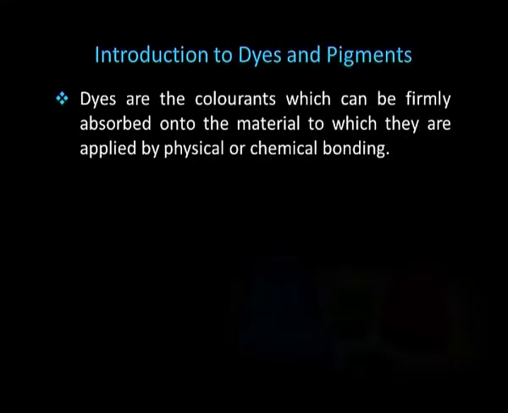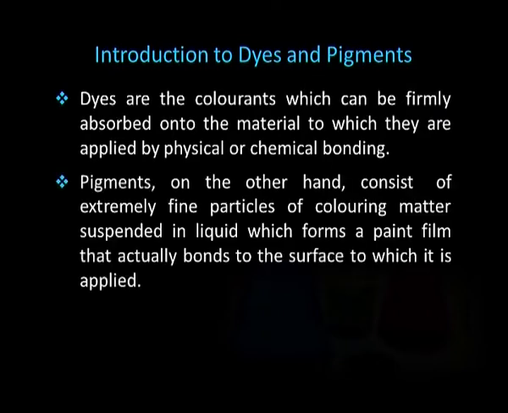Dyes are the colorants which can be firmly absorbed onto the material to which they are applied by physical or chemical bonding. Pigments, on the other hand, consist of extremely fine particles of coloring matter suspended in liquid, which form a paint film that actually bonds to the surface to which it is applied.